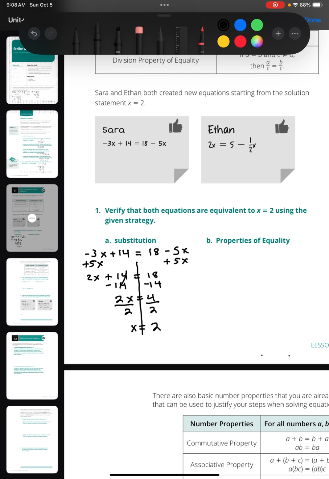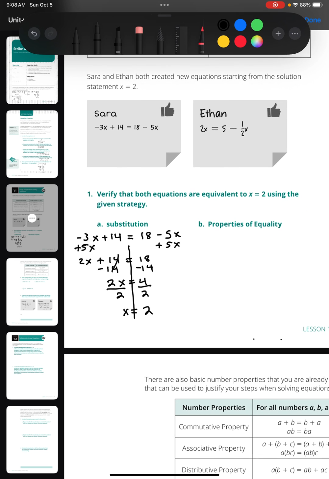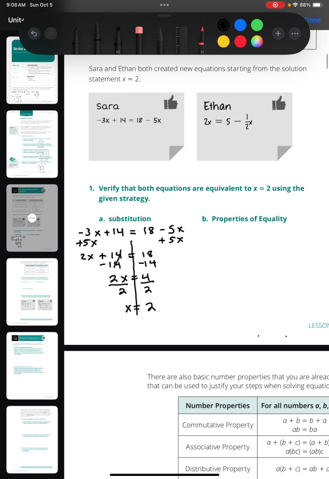I should have written that under properties of equality. So let's flip-flop these. My fault. Thought we were solving it first. So now we're going to plug in 2 for x in her equation and verify that we do get a true statement. So negative 3 times 2 for x plus 14 equals 18 minus 5 times 2 for x.